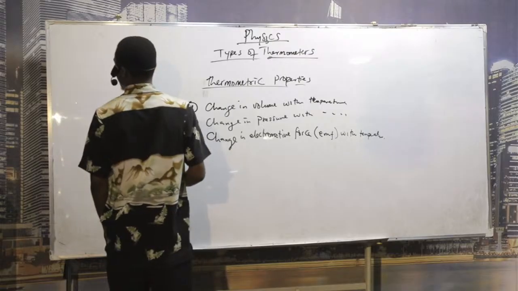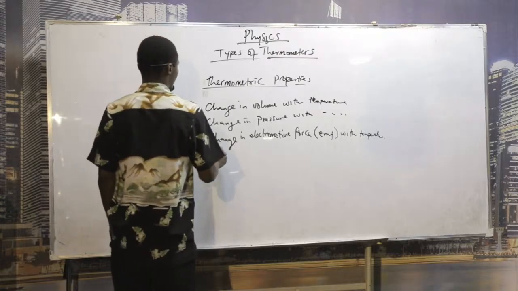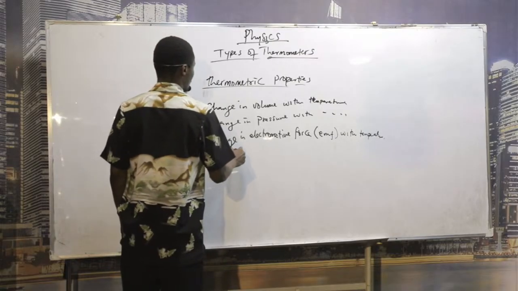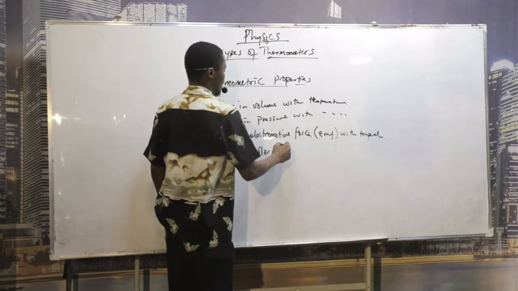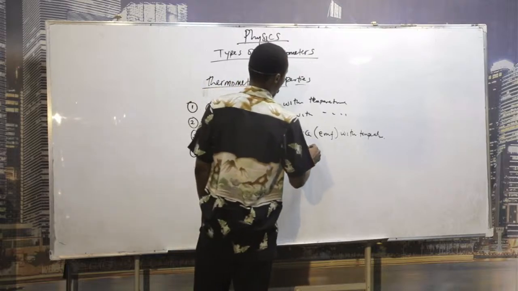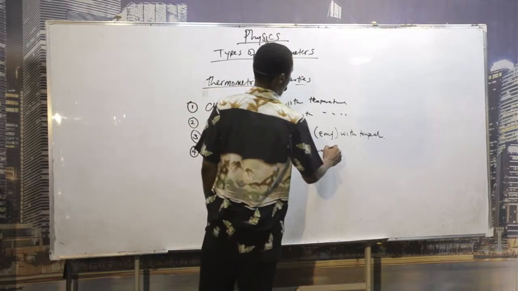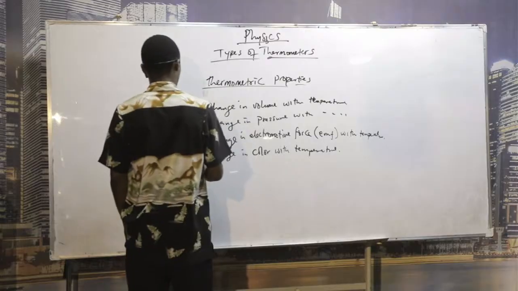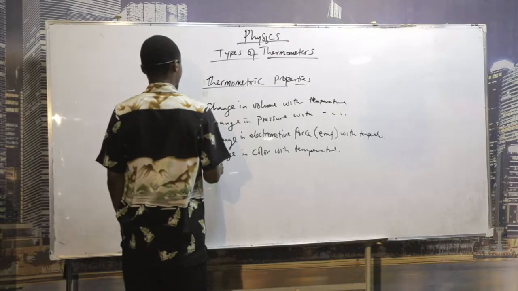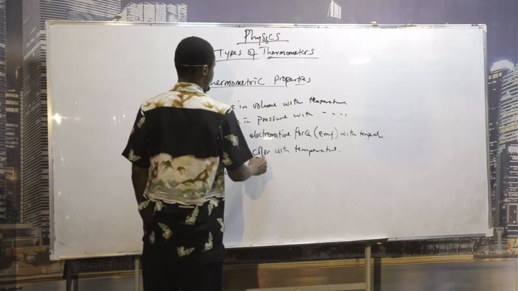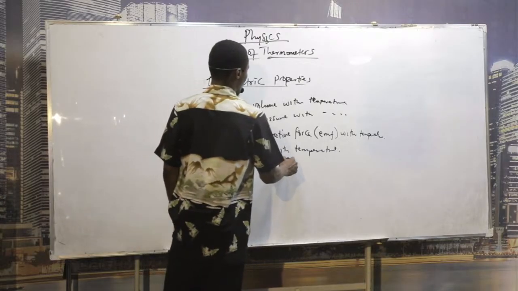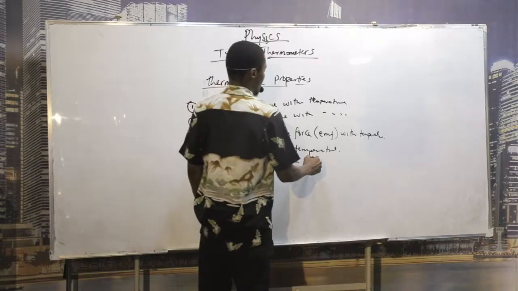Number four, change in color with temperature. Number five, change in resistance with temperature.